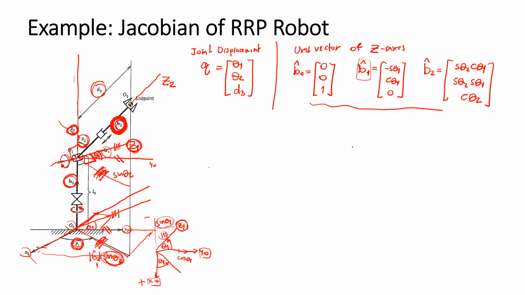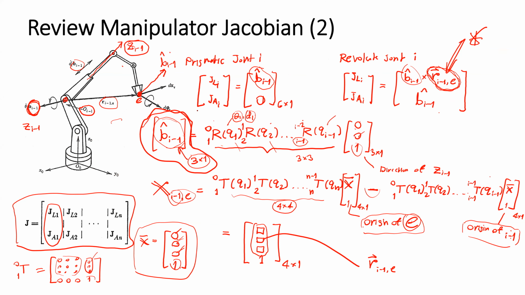The rotation matrix means if you want to have this, you may need to obtain the rotation matrix of 1 per 0.